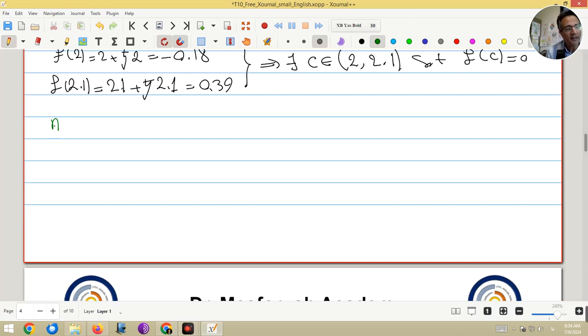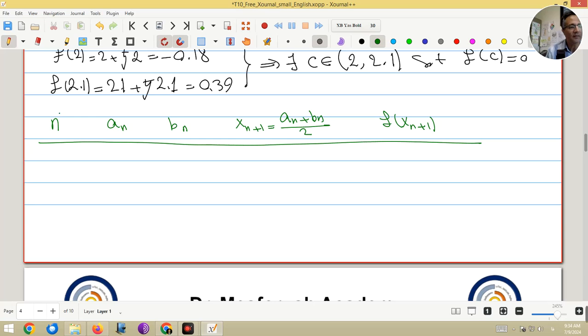Now, if I want to implement the method, you can write a table like this. Let me consider n, the number of iterations, a_n and b_n, in fact the left and right sides of the interval, and let me put x_(n+1), which is equal to (a_n + b_n)/2, and finally f at x_(n+1). So let me consider a table like this.